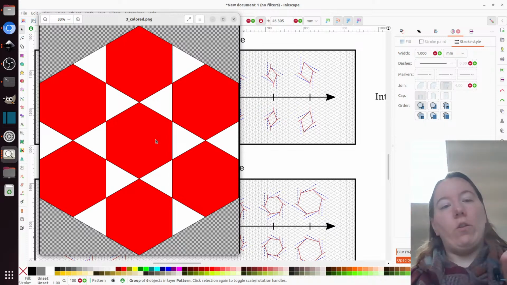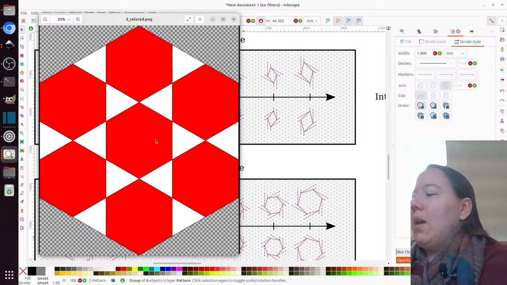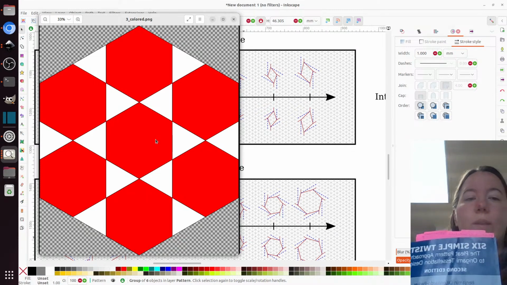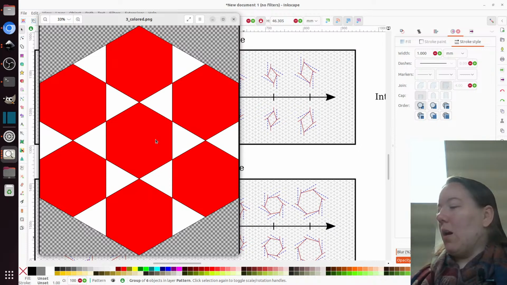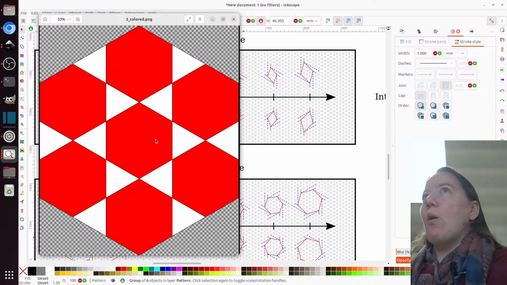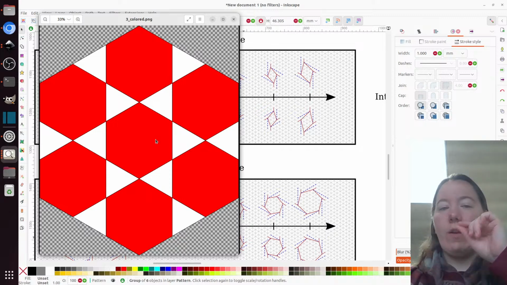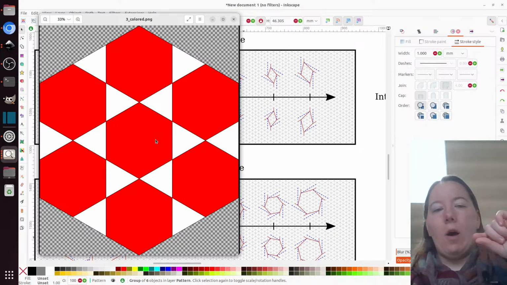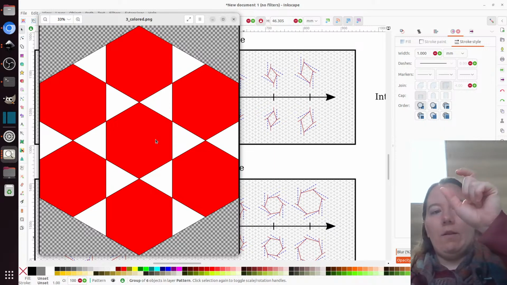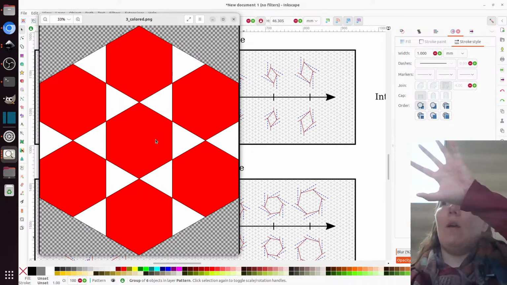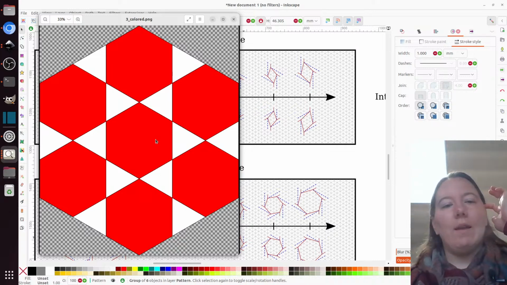And that draw a circle around it idea is coming from another book, Ben Parker's 6 Simple Twists, his circle cutout idea, which is really, really similar to this idea of the polygon that has the proportional pleats and connects in the end.